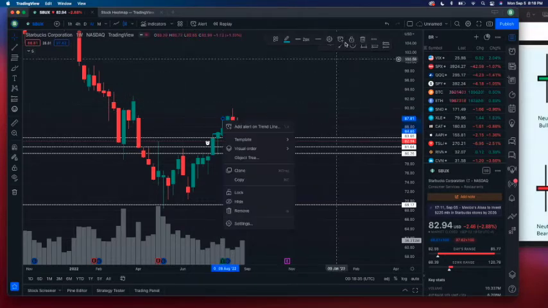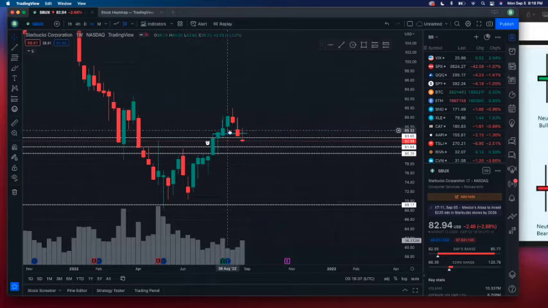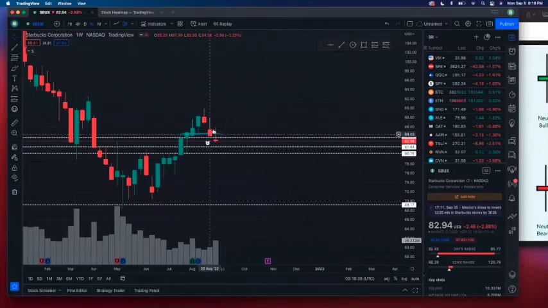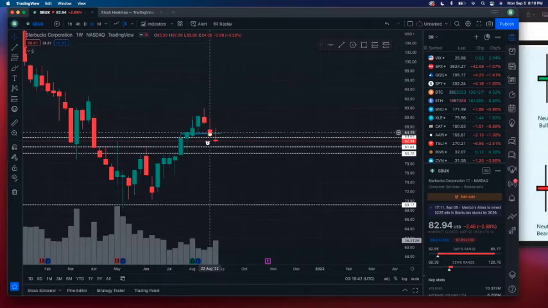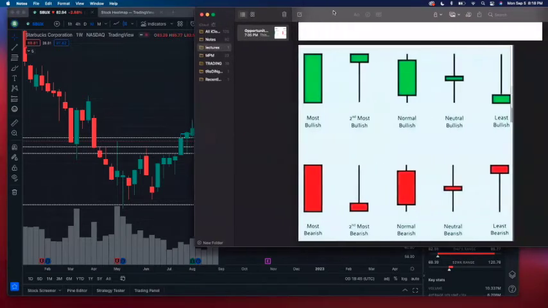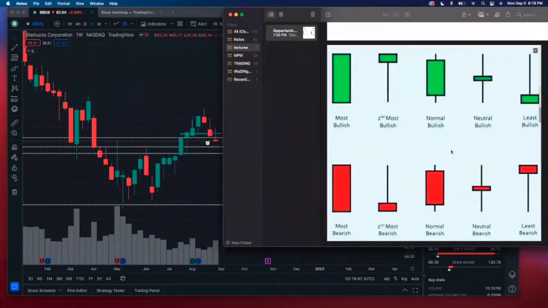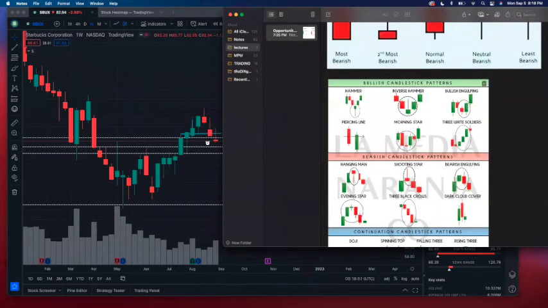This is a good application actually. See this candlestick pattern here? What does that look like? This one right here is considered a shooting star. 1, 2, pretty much 3 of them right in a row. So that's kind of why I took this trade as well.